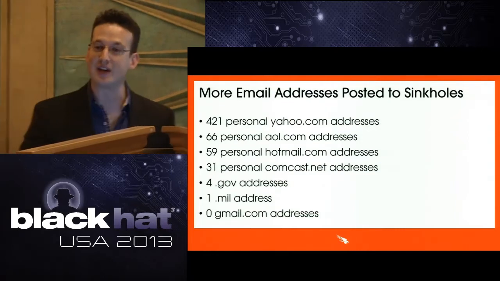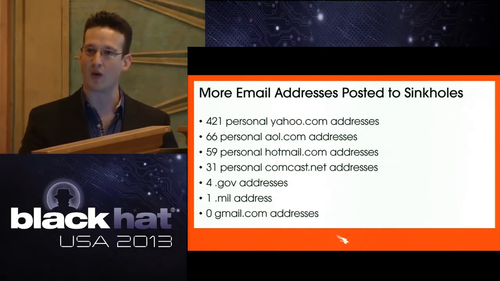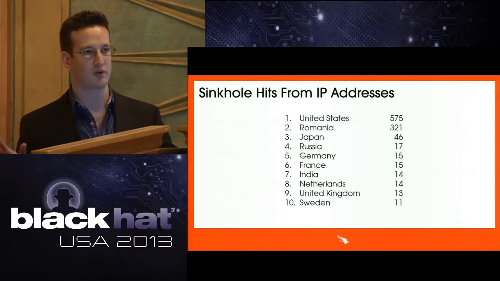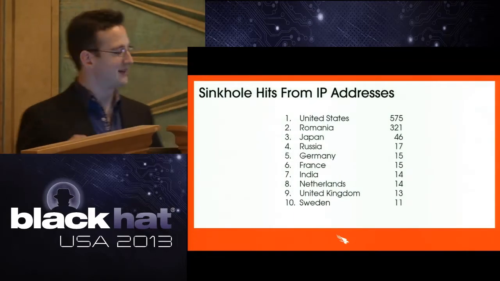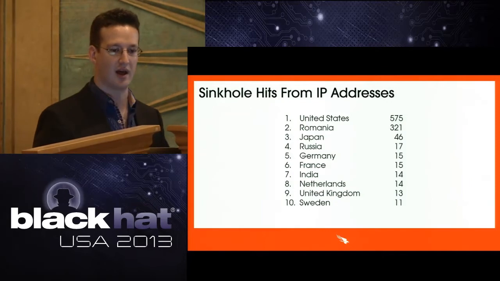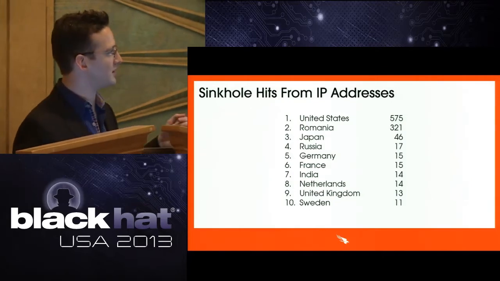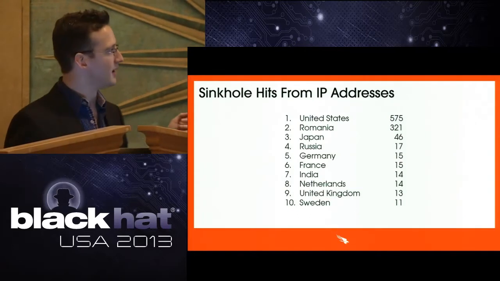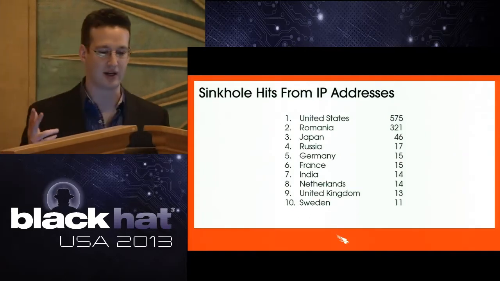So I mentioned that we're interested in the spread of this malware, where it might be concentrated. And if we plot out all of the IP addresses from around the world where we were getting hits, this is what the top 10 countries were sending us. So the United States was definitely at the top of the list, but second is Romania.